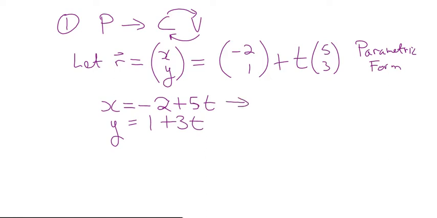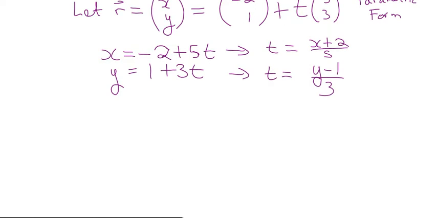So what's t equal to from the x equation? x plus 2 over 5. And what's t equal to from the y equation? y minus 1 over 3. Well, if t is equal to this and t is equal to that, then they are equal to each other.